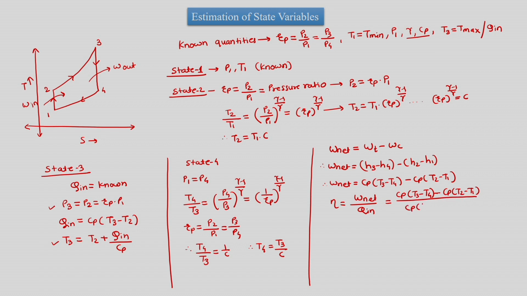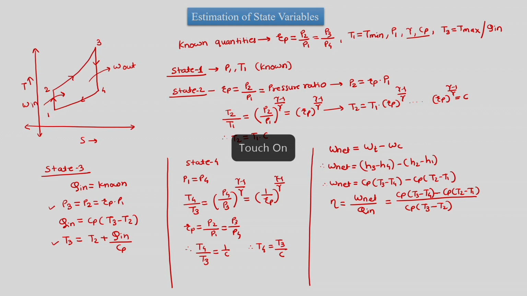We know the heat addition process is process 2 to 3, so it is Cp into (T3 minus T2). So this is how, once we know some design variables, we can estimate other variables at different states, and then using those variables we can find out the net work and the efficiency of the Brayton cycle.